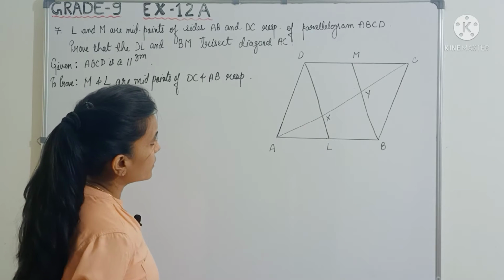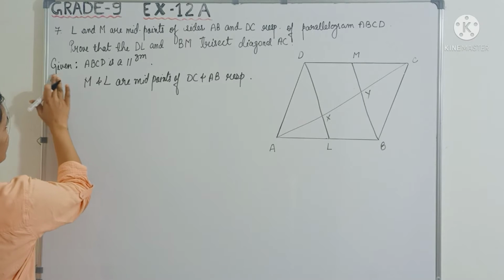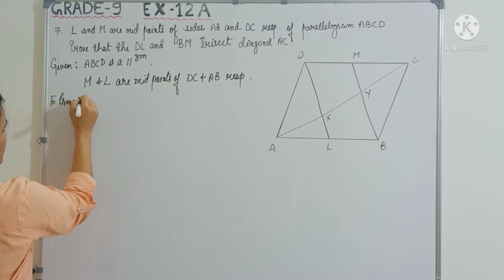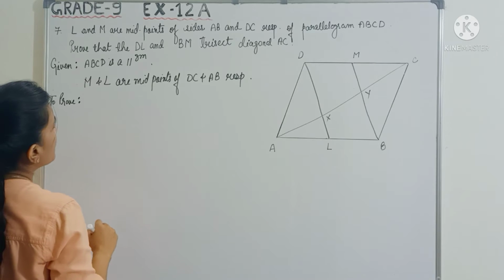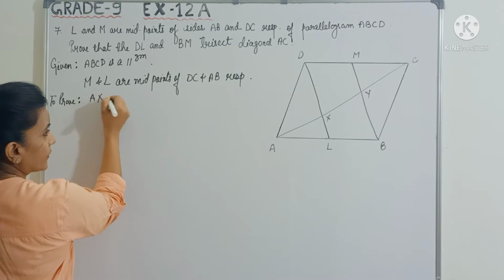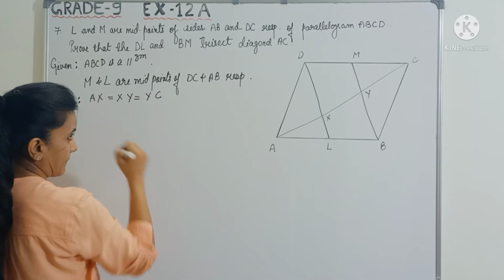So this much is given. Now what do you have to prove? You have to prove that AX is equal to XY is equal to YC.